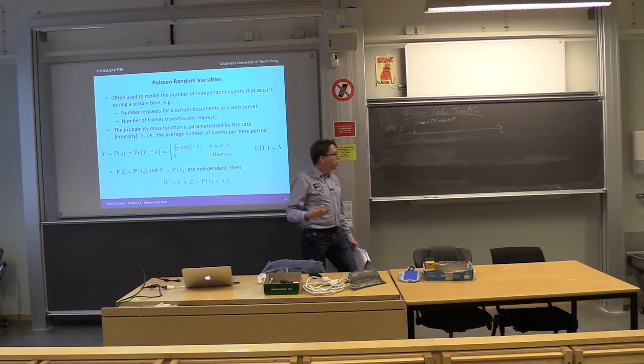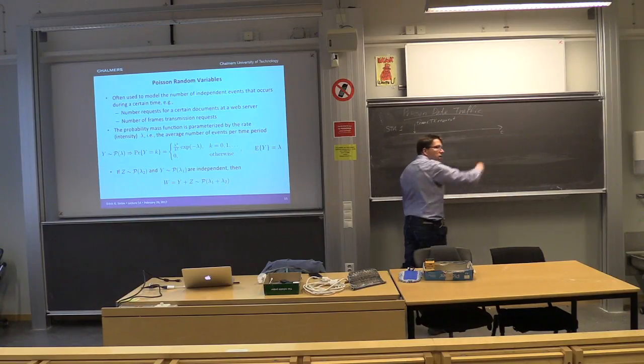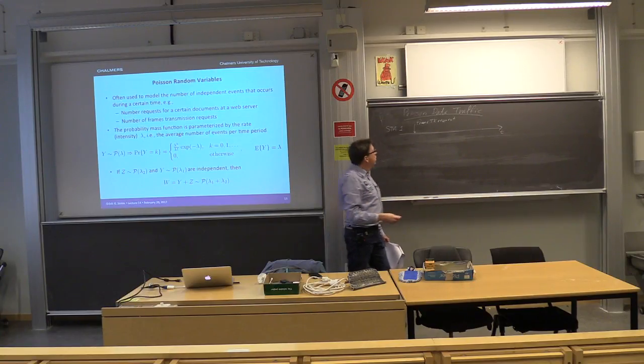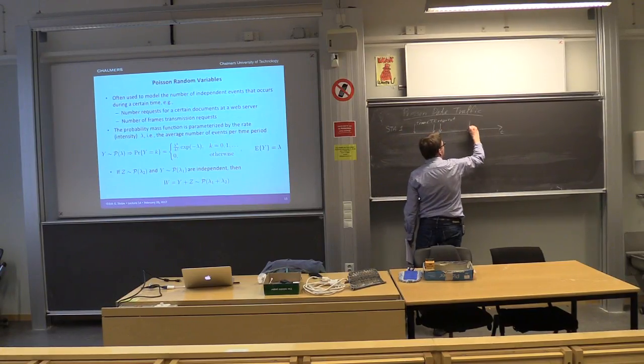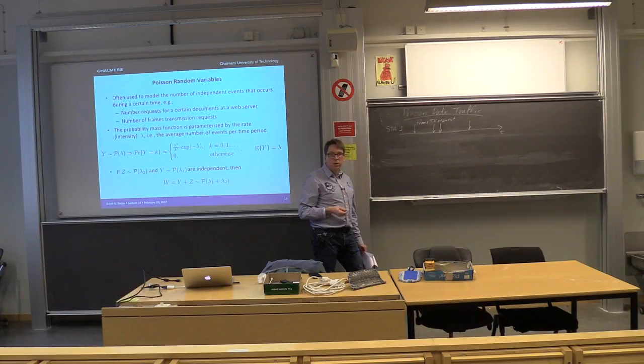Typically, when it comes to data traffic, this is not a regular flow of packets. The time between packets could vary a little bit. The next frame might arrive here, then the third frame comes a little bit quicker, and then the fourth frame is a little bit longer. So it's randomly distributed events.